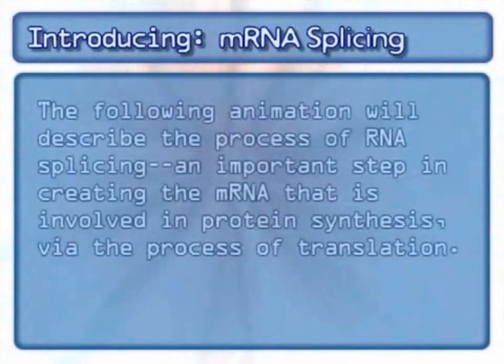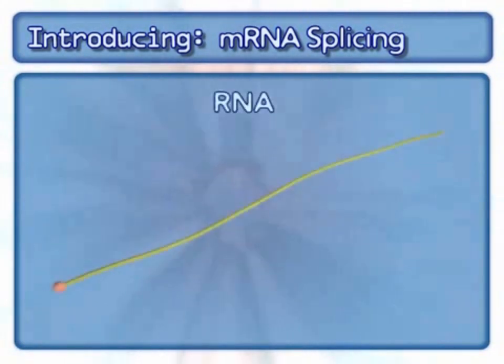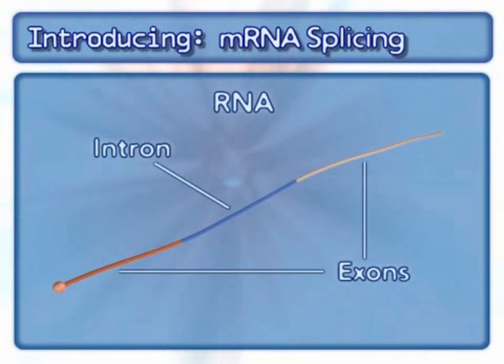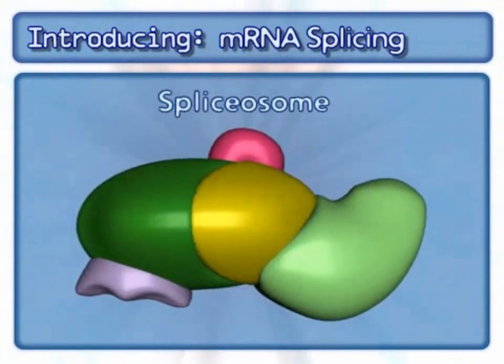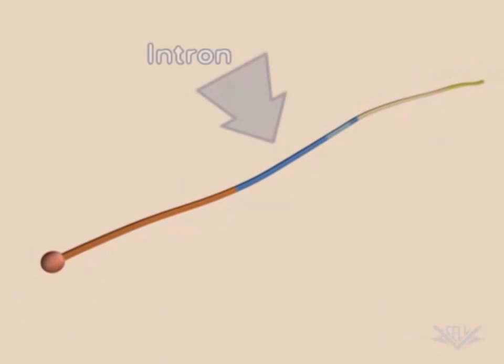The following animation will describe the process of RNA splicing, an important step in creating the mRNA that is involved in protein synthesis via the process of translation. Key factors in this process include RNA, possessing introns and exons, and the spliceosome. Here we see an RNA molecule with a single intron.